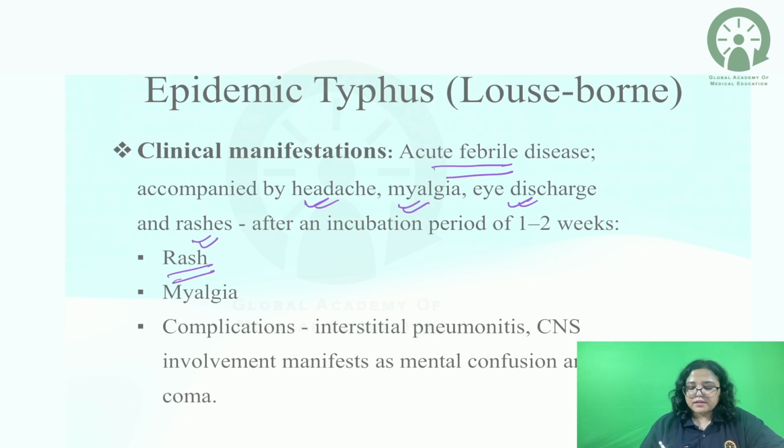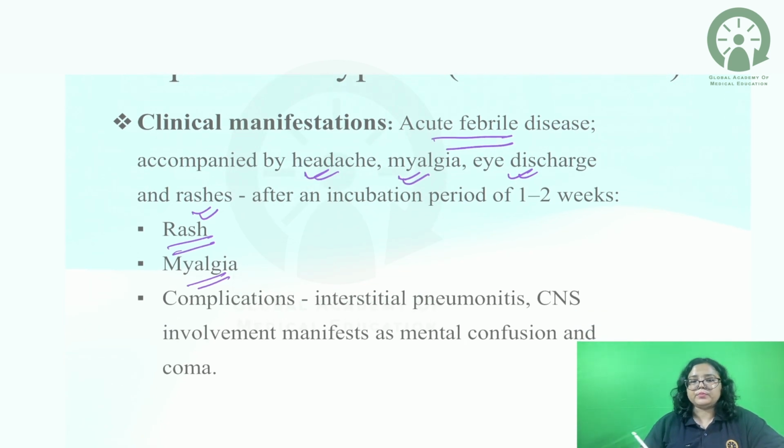Myalgia. Now the myalgia is severe. In the epidemic typhus outbreak that happened in the Burundi region, the patients would be crooked, trying to seek respite from the pain.